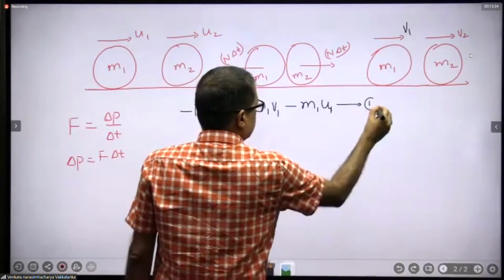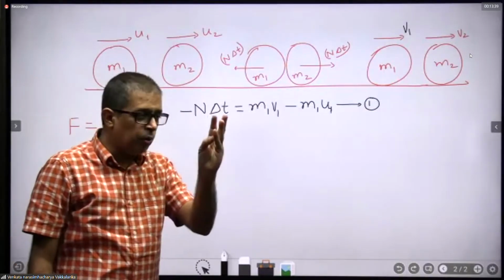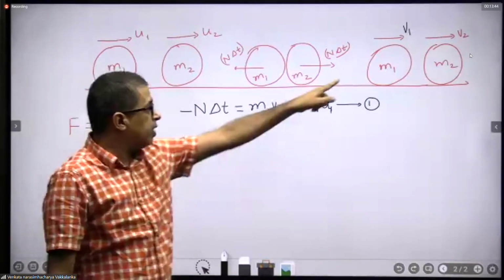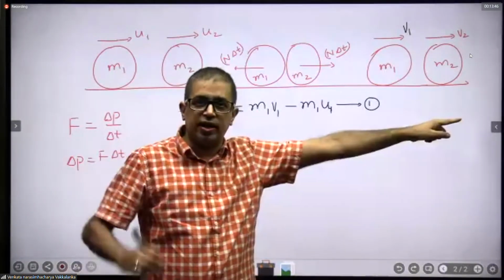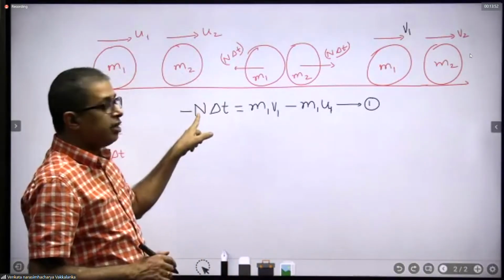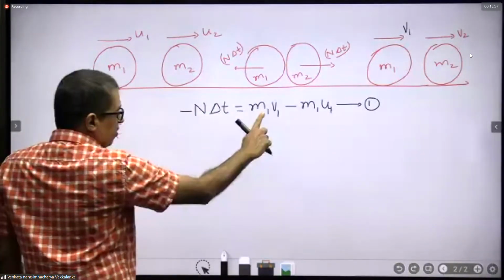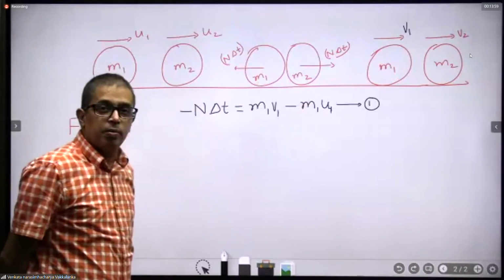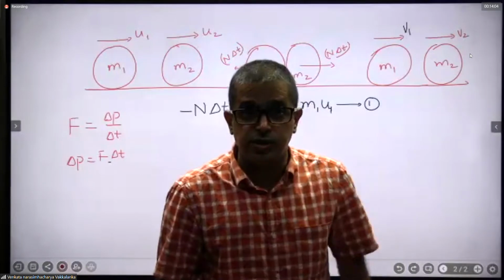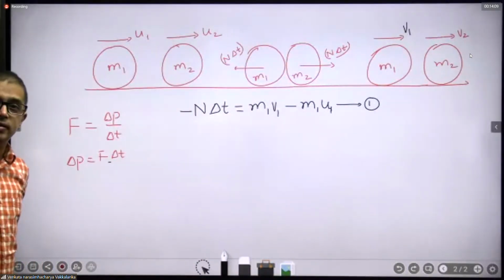My first equation. Why did you put a negative sign here? Direction. All throughout, momentum and force are vectors, so take the direction into consideration. M1 V1 is towards the positive x-axis. M1 U1 is also towards the positive x-axis. N delta t is towards the negative x-axis. So change in momentum will be final momentum minus initial momentum. So with only M1 taken as a system, momentum is not conserved. In fact, there is a change in momentum which you calculated.